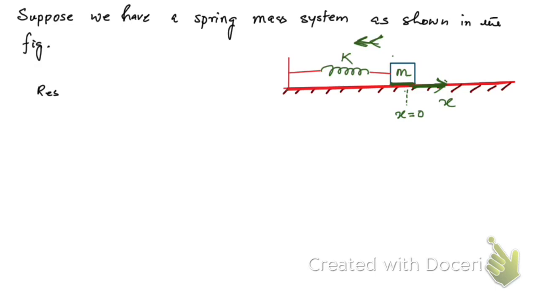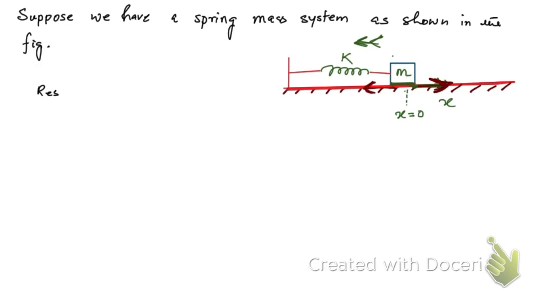Now when it is pulled towards the right, the spring will pull towards the left, and friction will come into play in the opposite direction. When it is pulled in the positive x direction, friction will act in the negative x direction.